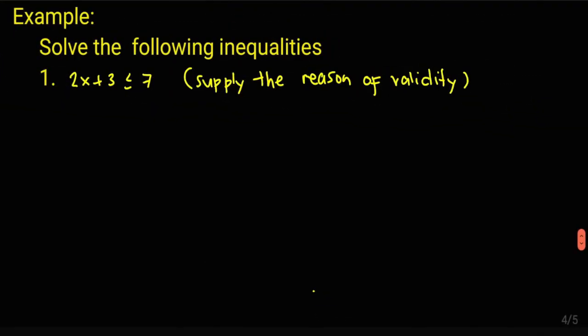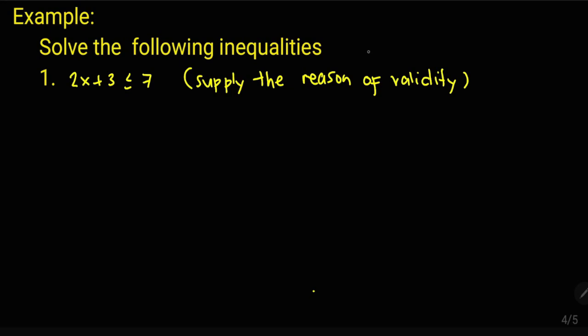So, how do you use negative products or positive products when you are solving inequality? Say we want to solve the inequality 2x plus 3 is less than or equal to 7. I will show you step by step, and you just have to supply the reason of validity for each step.